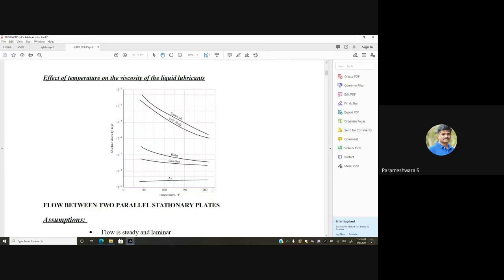When you heat it up, it becomes thin oil. Take the example of castor oil. Castor oil is very thick in nature. If you heat that castor oil, it loses its viscosity and the oil becomes thin. That is the best example. So just have this in mind: as the temperature increases, the viscosity value decreases for lubricants.